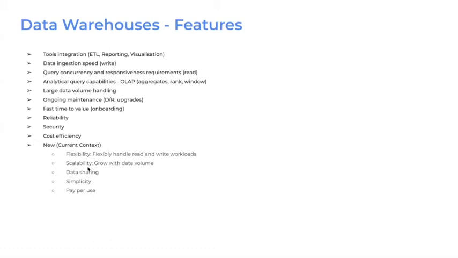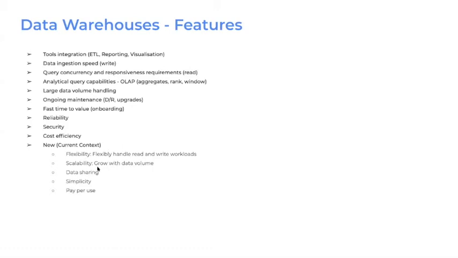Scalability: in the traditional design, we were expected to provide those requirements to our data warehouse vendor, and they would give us the particular setup which would take care of those requirements. Today's enterprises are looking for more varying needs, and I would want my system to scale up or down based on my needs.